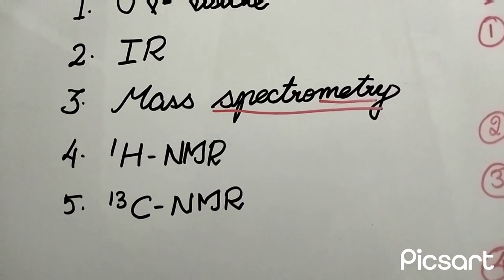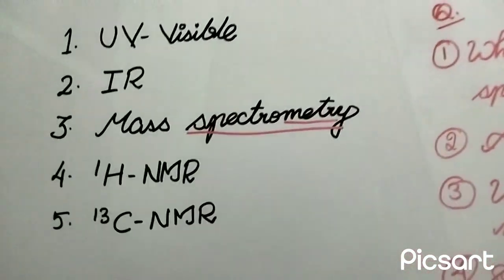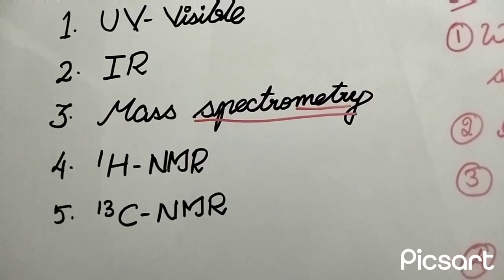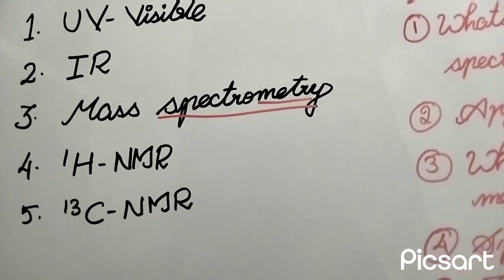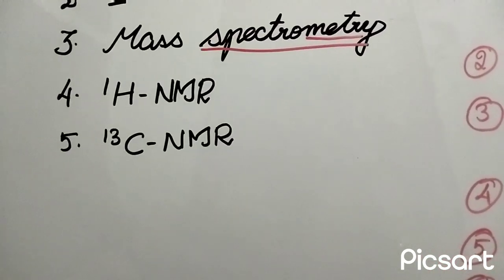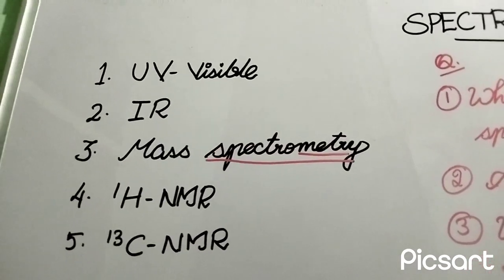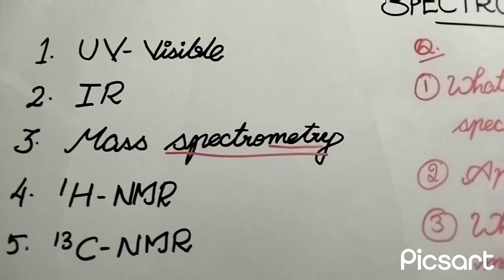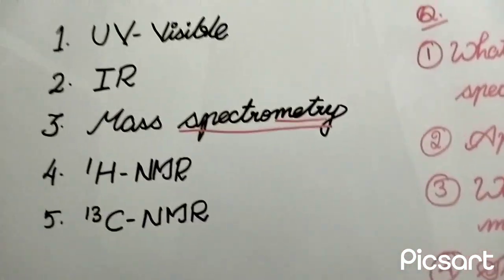So we are going to see all the kinds: what the applications are and why we are using them, how we are able to find the conjugations, functional groups and all, and how we can solve the spectral problems. All this we are going to see in the classes every day.